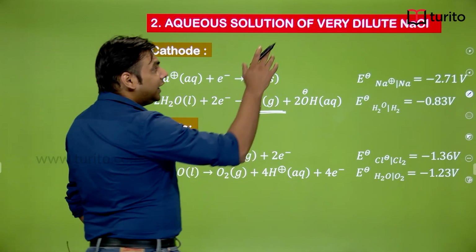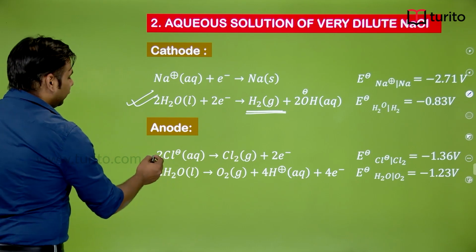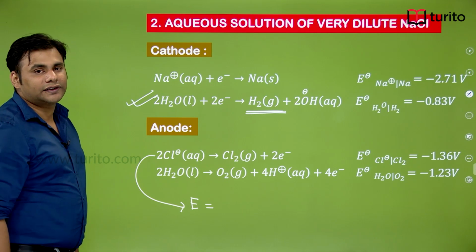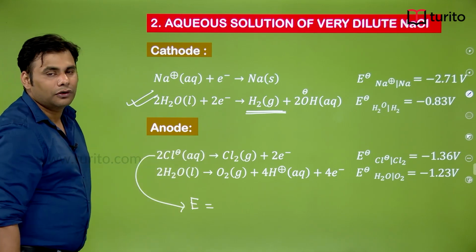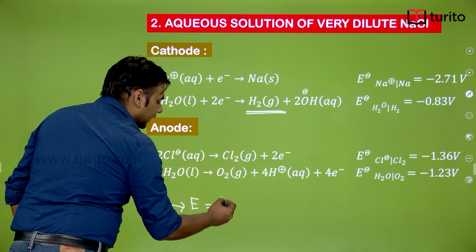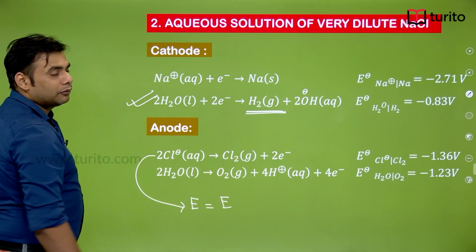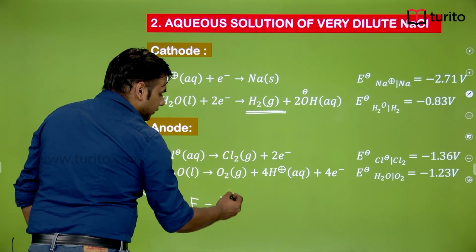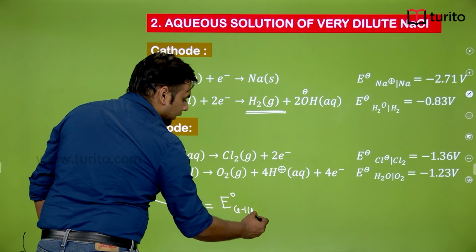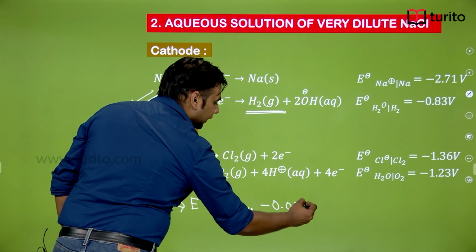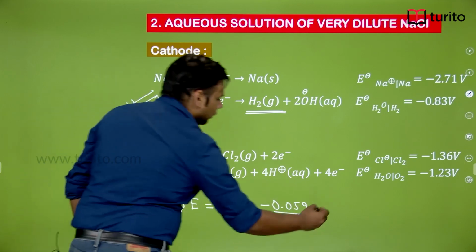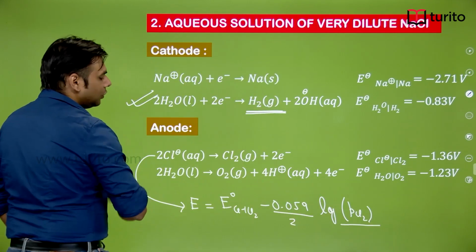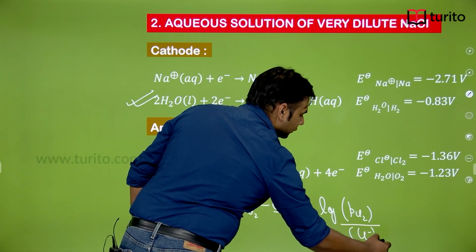But when you take a very dilute solution, if you look at the EMF of this Cl negative to Cl2 oxidation, we will say that the oxidation potential of this particular reaction would be the standard oxidation potential of Cl negative changing into Cl2 minus 0.059 upon n, where n is 2, into log of partial pressure of chlorine divided by concentration of Cl negative whole square.